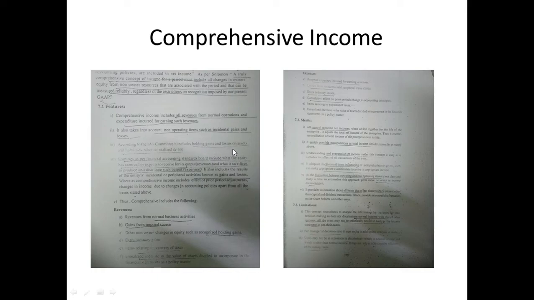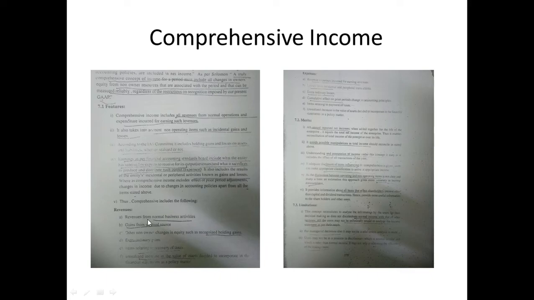It includes holding gains and losses. Now we have seen the assets are held for a time period, and because you're holding, you're getting some profits. That is also taken into consideration, right? Then it also includes what the entity has received or expects to receive for its output, or what it sacrifices in a particular period of time. So all expected profits are also included.